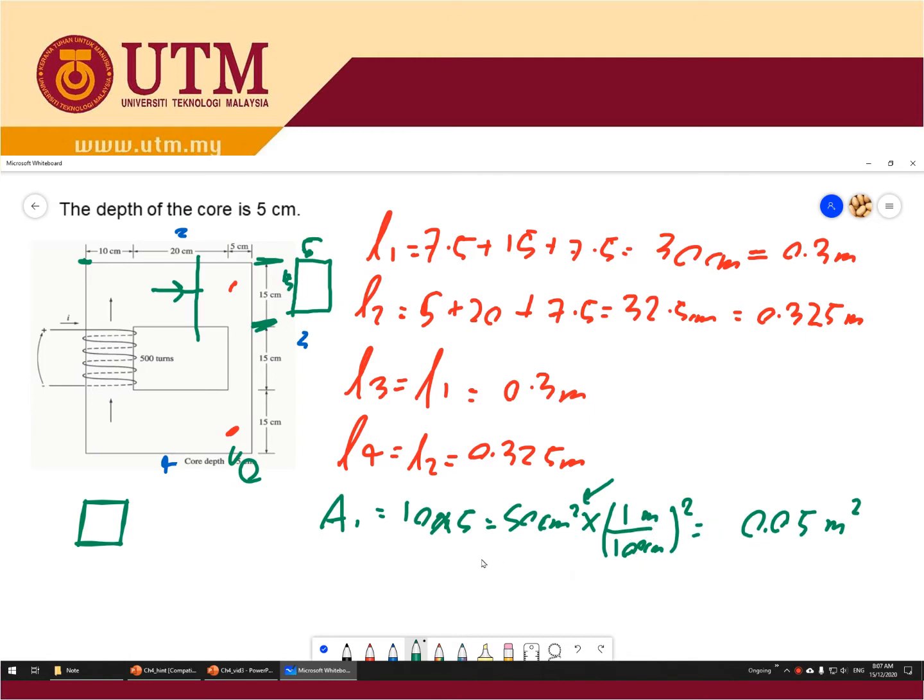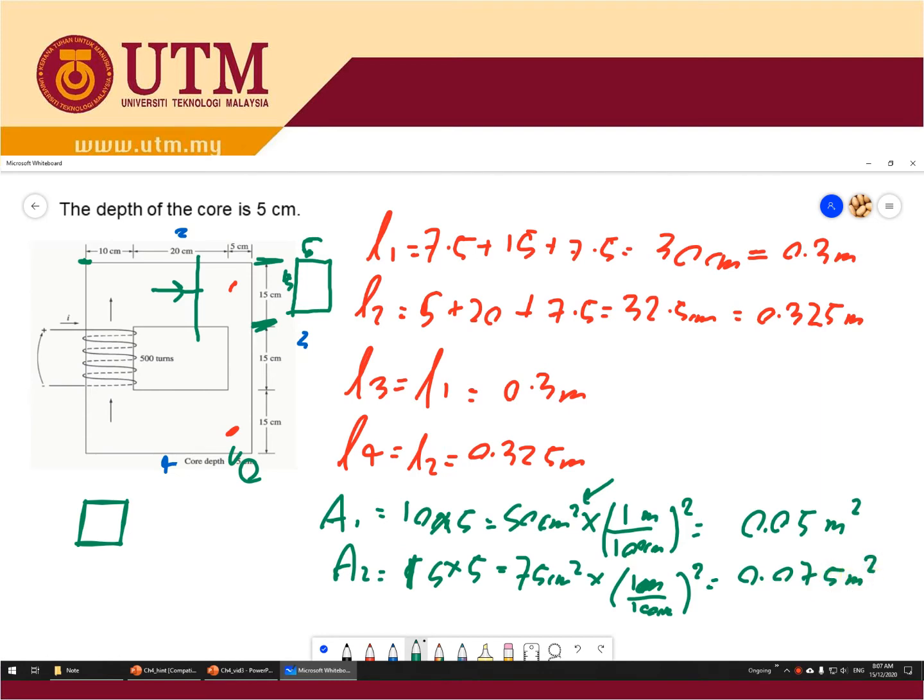So you get A2 is 15 multiplied by 5, which is 75 cm squared, and then don't forget to change 1 meter divided by 100 cm, squared. So you get 0.075 meter squared.